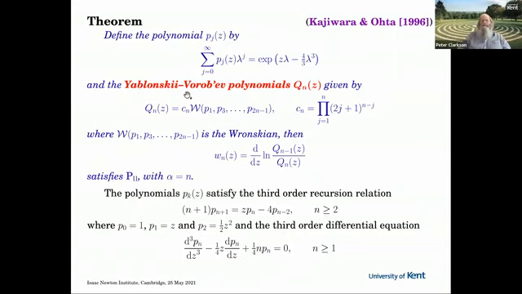And then the Jablonski-Volga polynomials are given by the Wronskian of the odd ones derived here. So you purely take the odd ones. Now we know what this constant c is, but actually the constant c is completely irrelevant because I'm going to take a logarithmic derivative. So I don't need to see what that constant is.